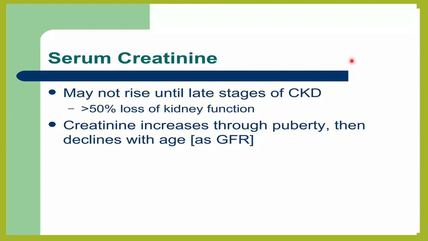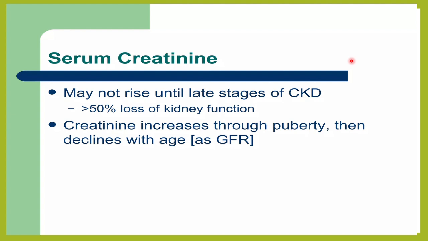So patient को आपने टेस्ट किया and उसका creatinine normal आया and you assume that अच्छा patient का तो kidney ठीक है because creatinine तो normally आ रहा है. But until and unless more than 50% of the kidney is damaged, creatinine levels normal आ सकते हैं. So ये एक proper और sensitive guide नहीं हो सकता majority of the time to predict हाँ ये patient को kidney problem है.